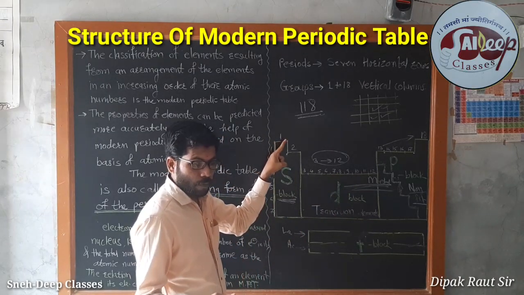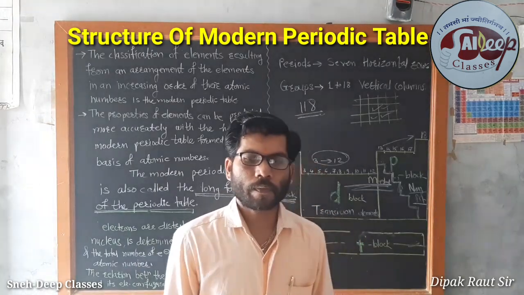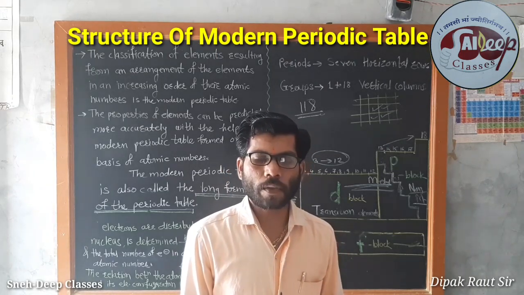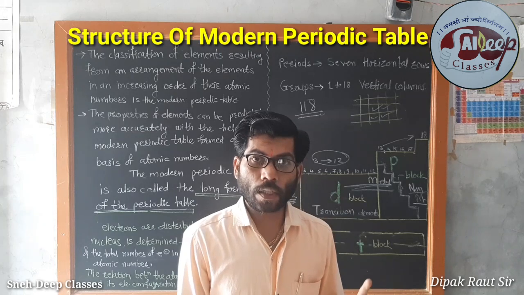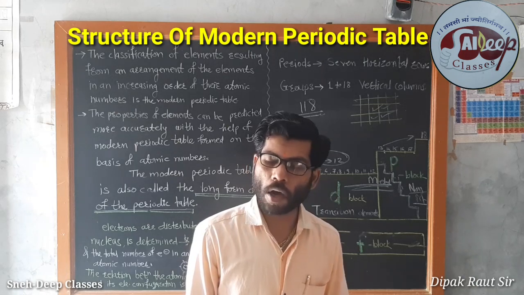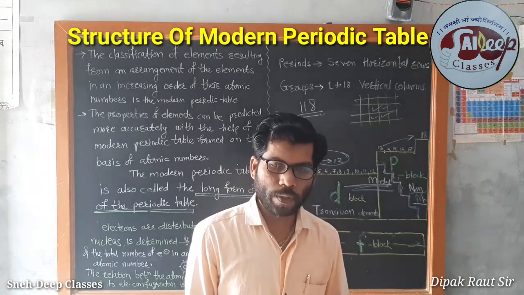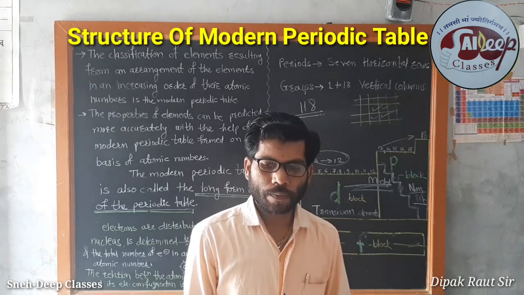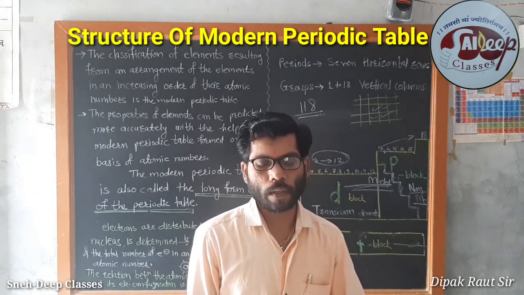First question, very important question: sketch the outline diagram of the modern periodic table. Classify, draw the structure of the modern periodic table on the basis of SPDF block. How many groups, how many periods? Any other question can be asked in the exam.